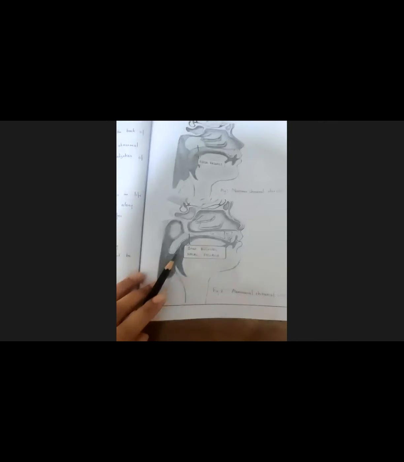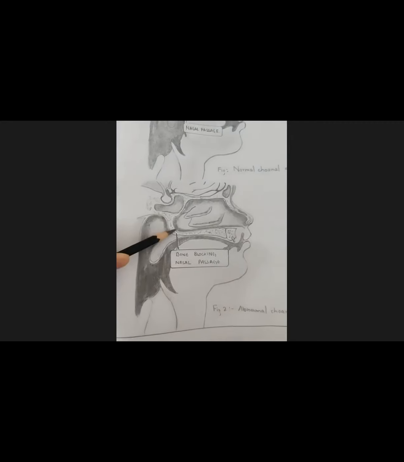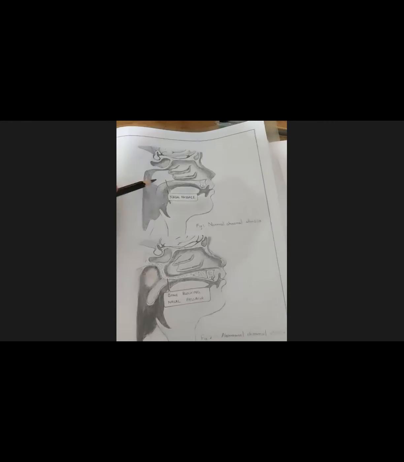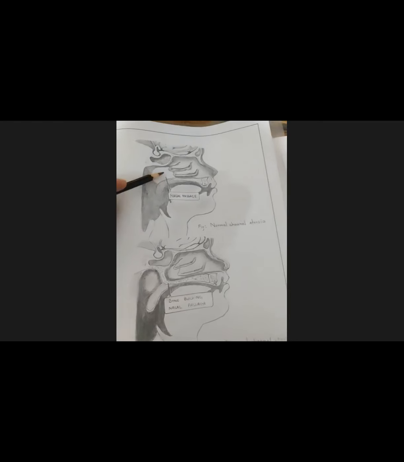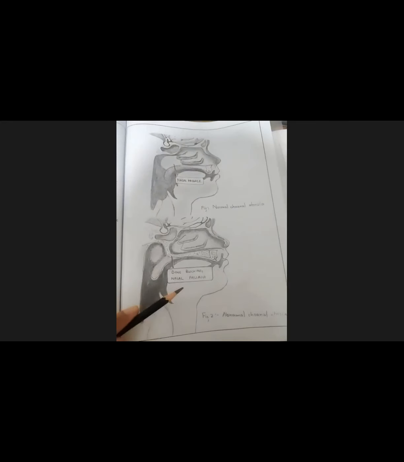In this diagram, you can see the bone blocking the nasal passage. You can see, right? This is the normal, and this is the abnormal.